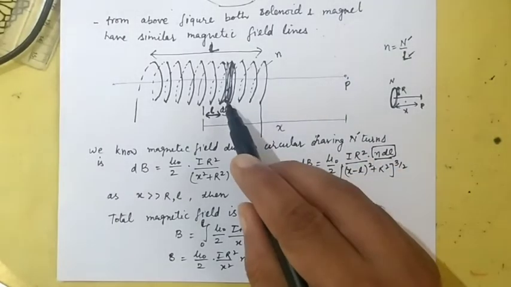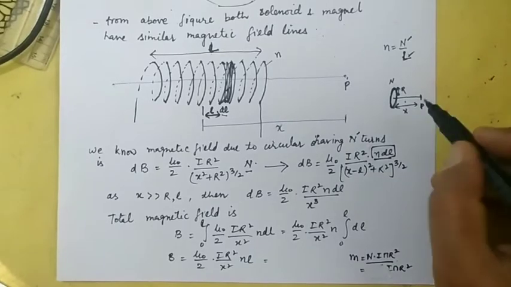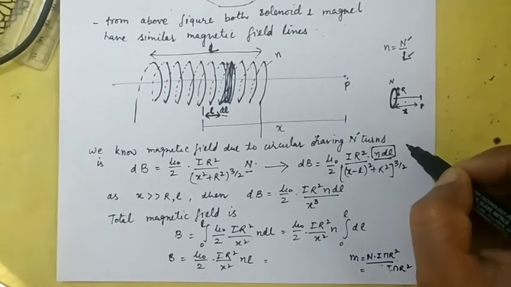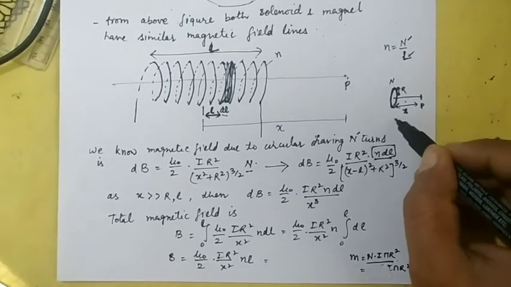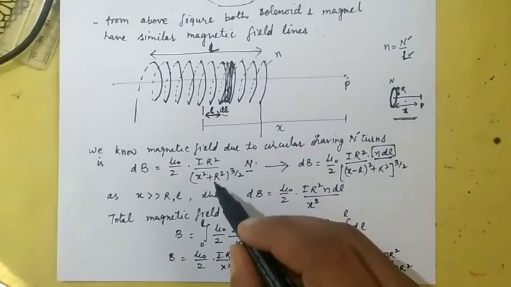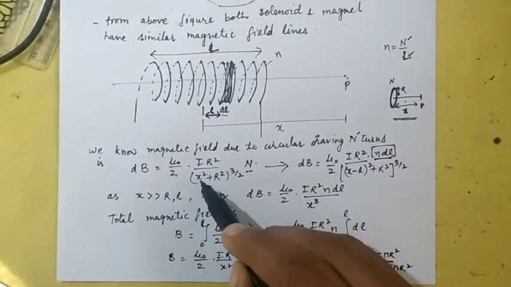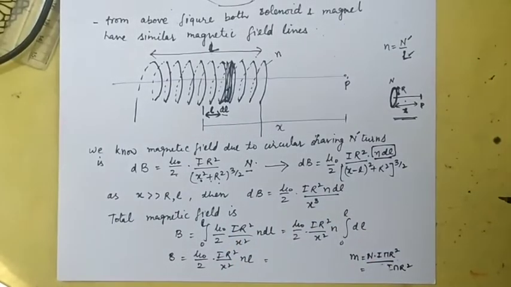Now this situation is similar to a loop having radius capital R, at a distance of x from the point of observation, and having capital N number of turns. Then the magnetic field because of this one is given by this formula: mu naught upon 2, N I R square divided by x square plus capital R square raised to power 3 by 2.